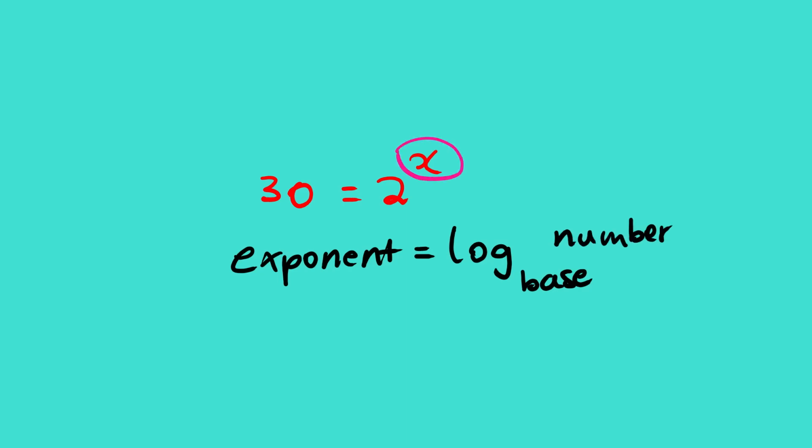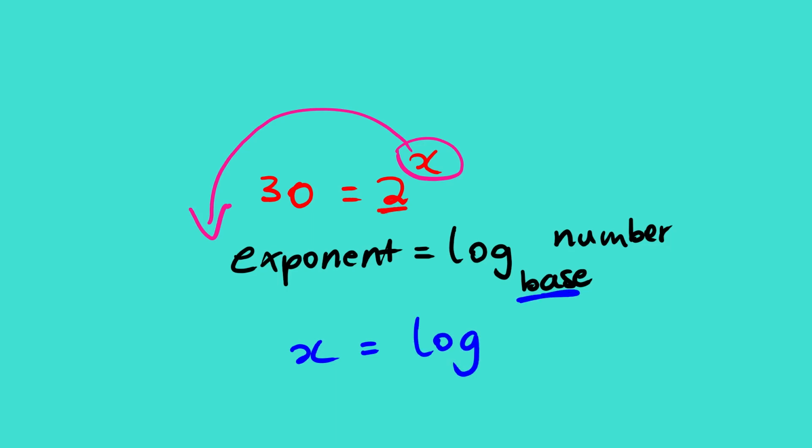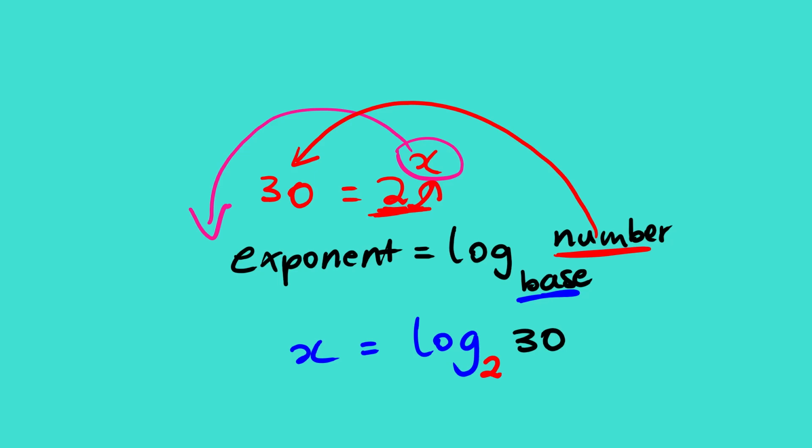So x is equal to log, and then the base is the base number of this exponent, which is 2, and then the number is the number which is equated to this term raised to the power x, which is 30. You simply punch this, and you'll find the value of x.